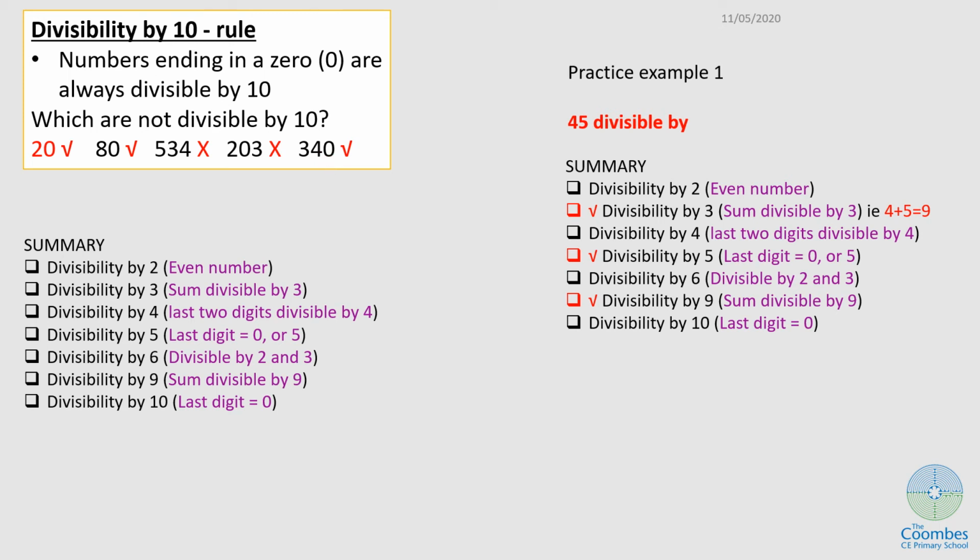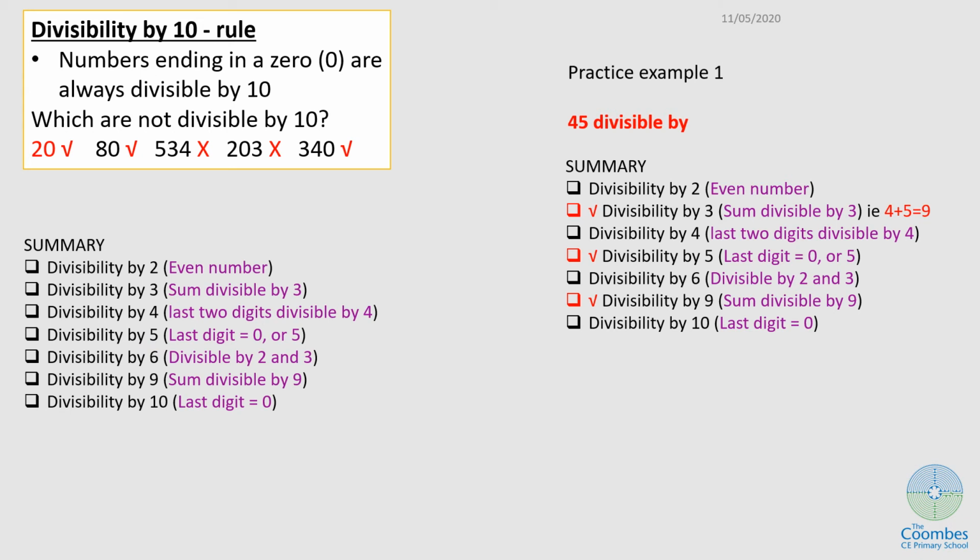Now, just a summary of the rules. Divisibility by 2, it must be an even number. By 3, the sum is divisible by 3. By 4, the last 2 digits are divisible by 4.